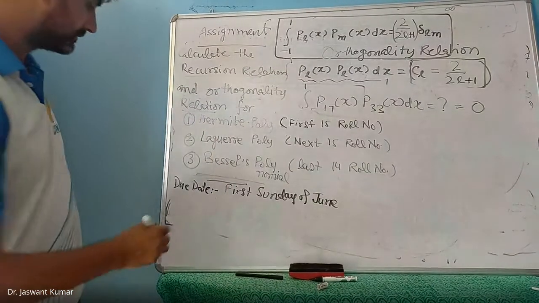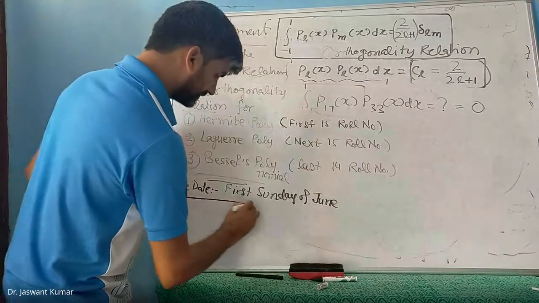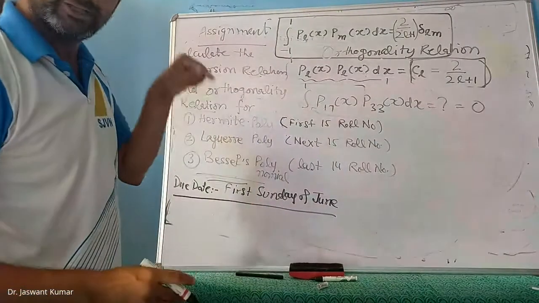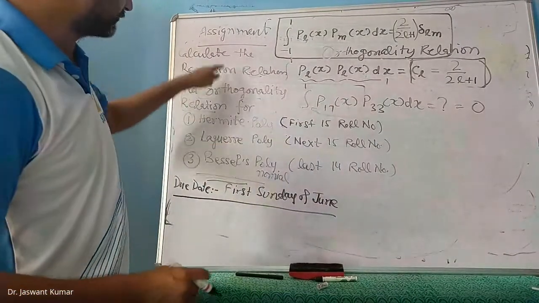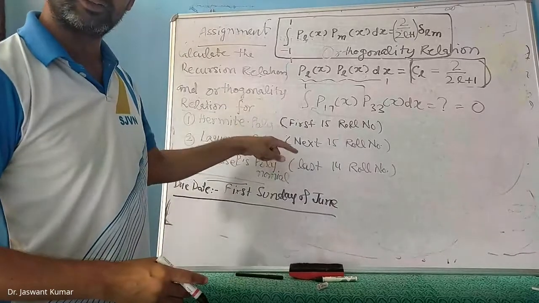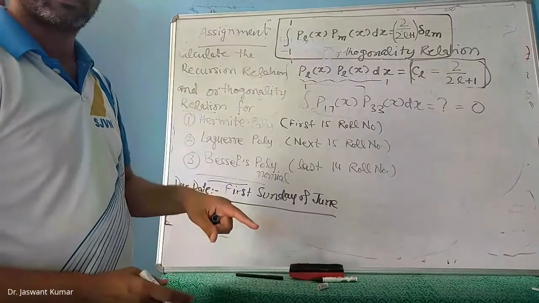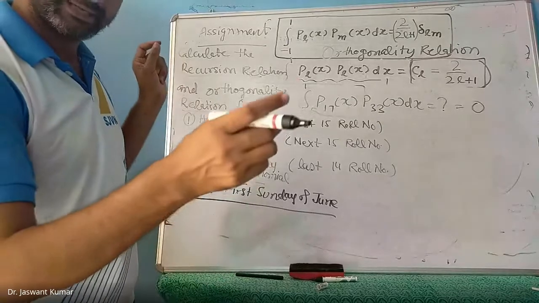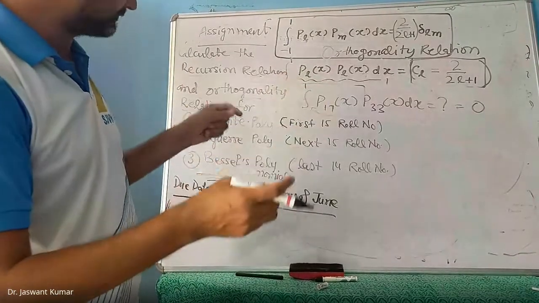Please try to spend your own time calculating this. If you do not understand anything, please discuss in the group. If you are not able to get something by yourself, please ask me.